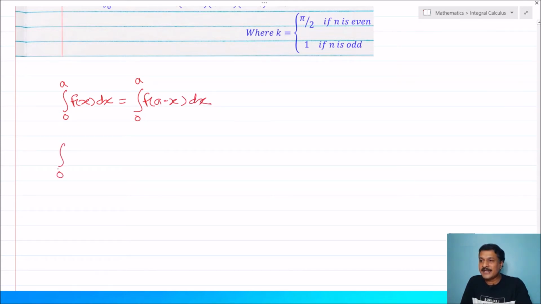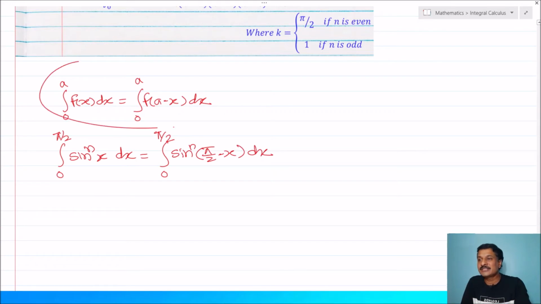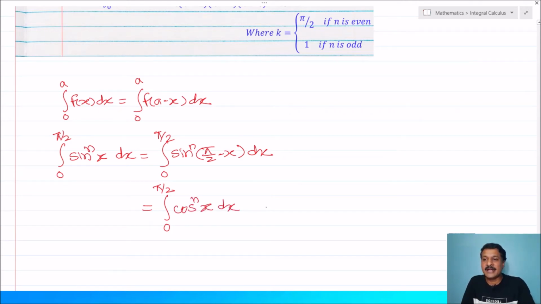And that is why integration 0 to pi by 2 sine x raised to n dx I can write as 0 to pi by 2 sine pi by 2 minus x raised to n dx using this property. And we know by the trigonometric transformation, that is the pi by 2 minus x with sine, it is nothing but cos x raised to n dx.